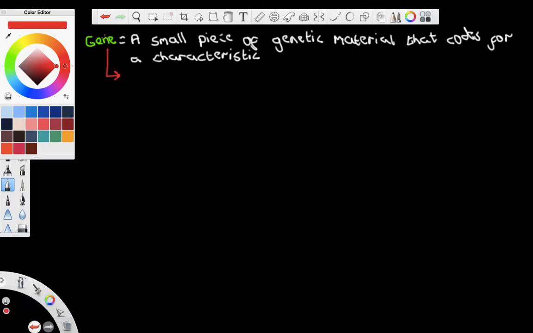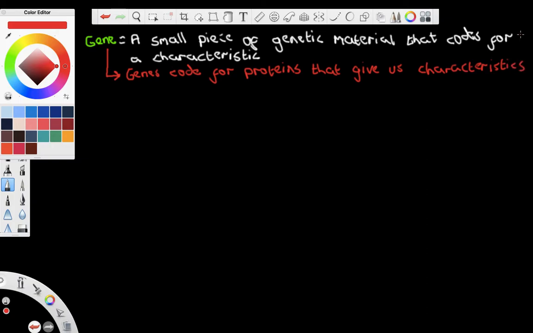We can say that genes code for proteins that give us characteristics. Okay? So it's these proteins that give us the characteristics that we have.